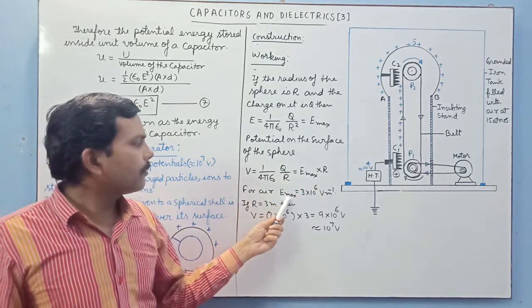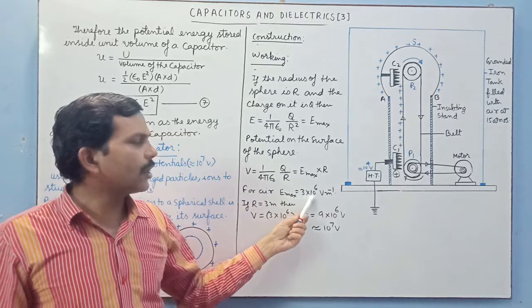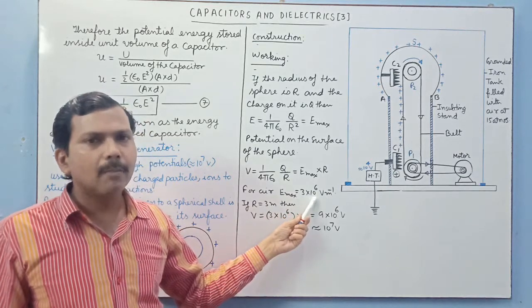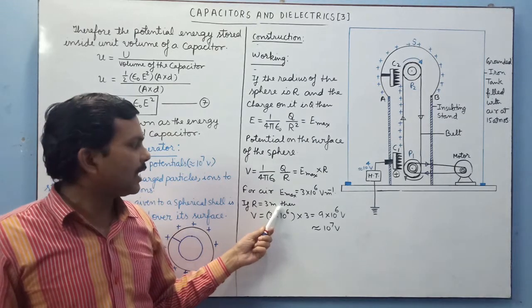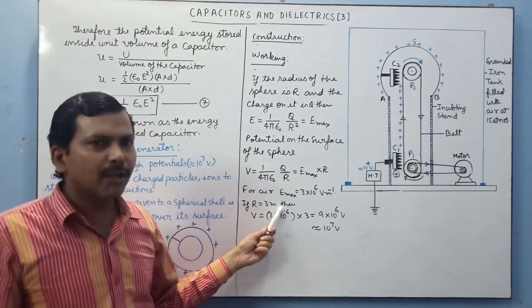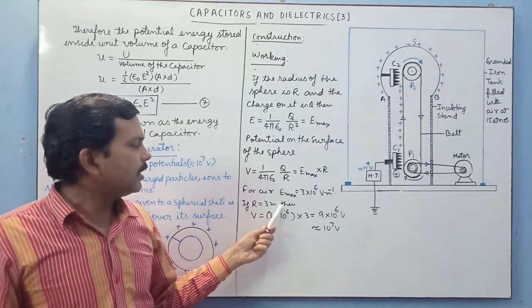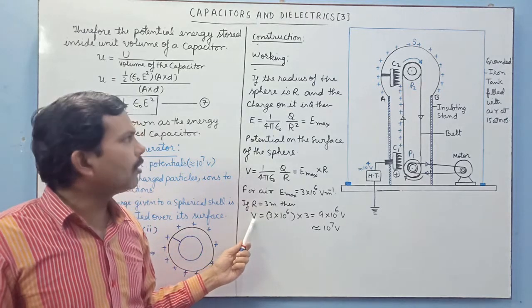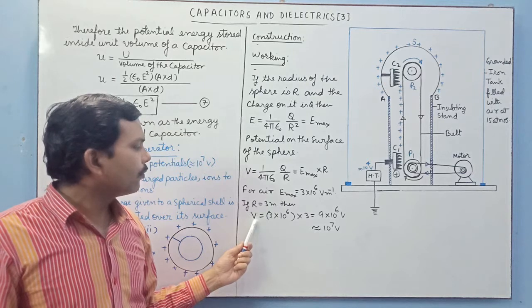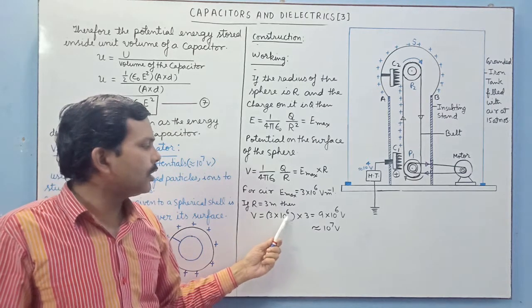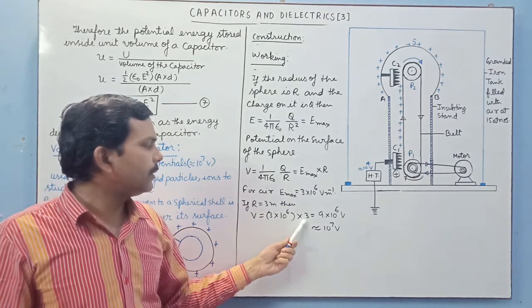For air, E max is 3 into 10 to the power 6 volt per meter, and the radius of the spherical conductor S is nearly 3 meter. Then in such condition, potential on the surface of the conductor S is V equal to 3 into 10 to the power 6 into 3.